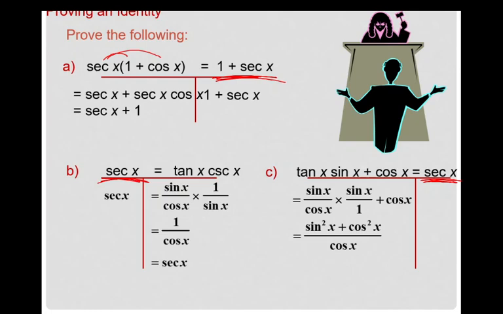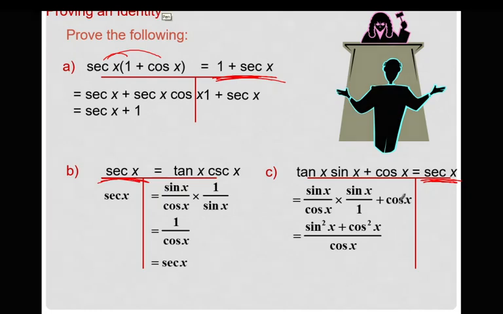And then the cosine side, I'm actually going to multiply it and get common denominators. So I'm going to multiply this by cosine over cosine, which gives me this cosine squared. And then since I have common denominators, I can add the two of them, and I get sine squared plus cosine squared. And that is one of our identities.